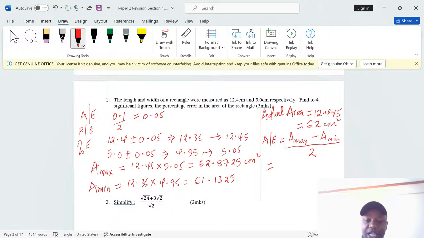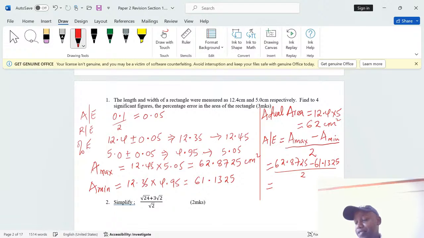So allow me to take 62.8725 minus 61.1325, then we divide by 2, and this will give us exactly 0.87.